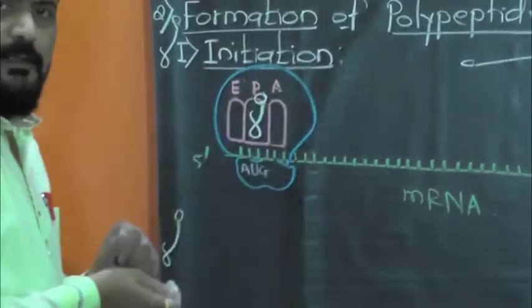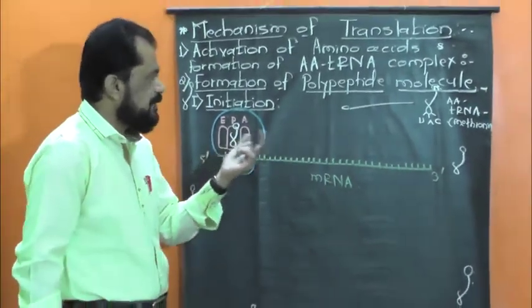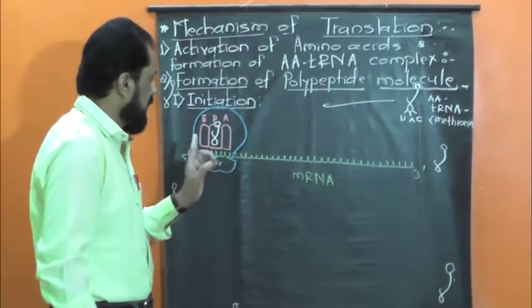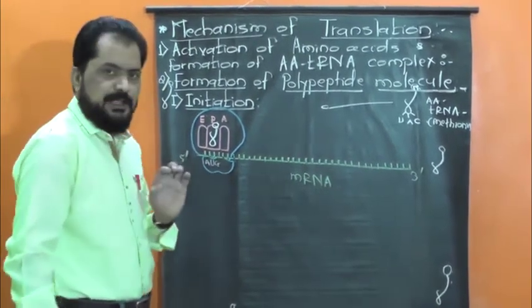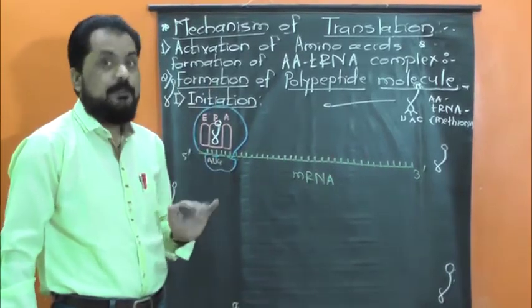Look, याचा अर्थ जो पहिला AA-tRNA कॉम्प्लेक्स मिथ्योनिन या अमायनो ऍसिडला घेऊन येतो तो सरळ या ठिकाणी लार्जर सब युनिट वर असलेलं जी P साइट आहे, पेप्टिडाइज साइट आहे, त्या ठिकाणी जाऊन बाइंड होत असतो.